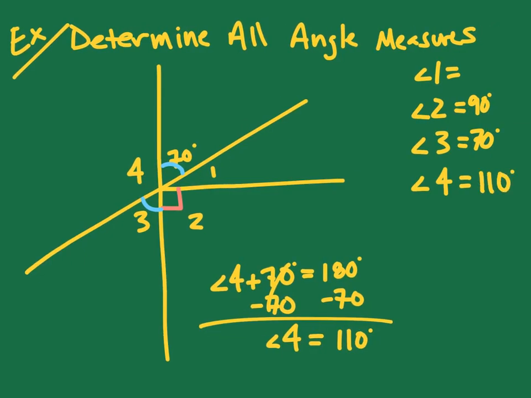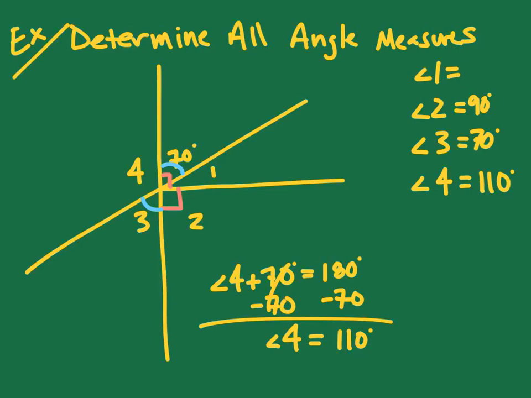Now the last one, angle 1, that's the last one we're trying to find. I can do this a couple different ways. And the way that I'm going to do it is I'm going to look at angle 2 and these two angles here. Because this is 180 degrees, all three of these form a line, I know that if this is 90 degrees, this angle here that connects this line and this line is also 90 degrees.